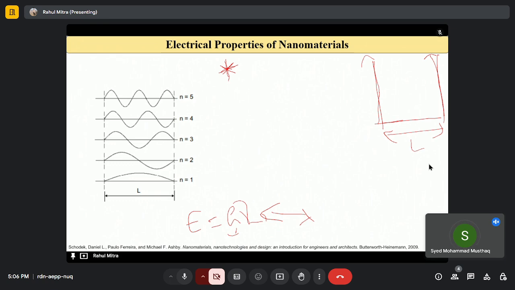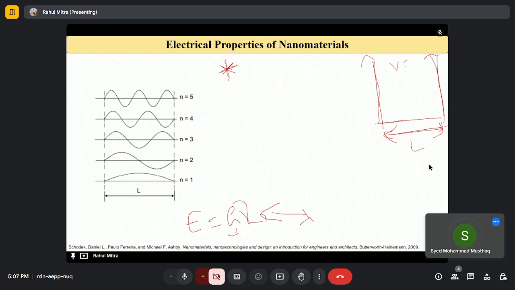So that will be equal to, let's derive it now. We are deriving it for the two-dimensional nanomaterial. Now the particle in a box, or let's say this is our potential well.